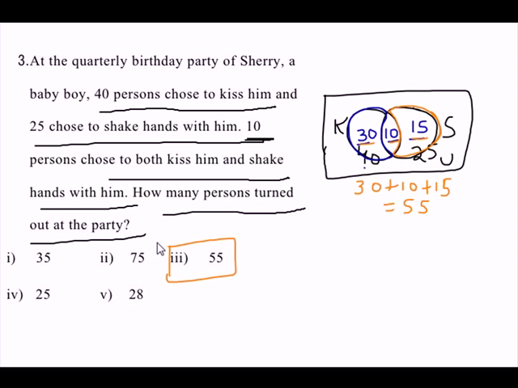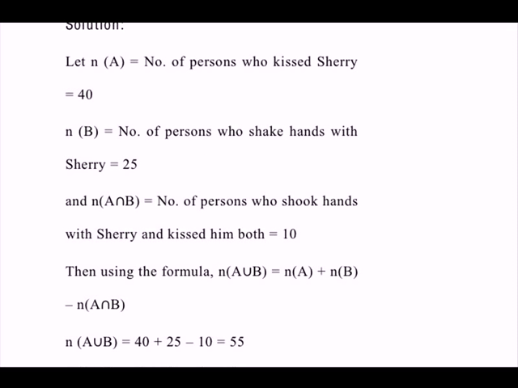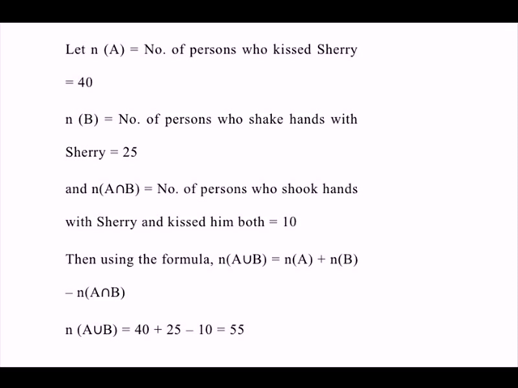So let's see how this question might be solved by using set algebra. Here we have the solution by the alternative method. It says that the number of people who kissed is 40, the number of people who shook hands is 25. The number of people in the intersection of A and B is 10, and this is the formula we use.